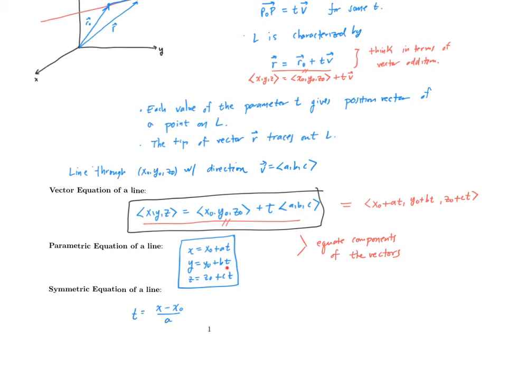And if I wanted to solve for t in the second equation, I'd have to subtract y naught and then divide by b. And both of those t's are exactly the same. Similarly, in the third equation, z minus z naught over c. And we think of this as being the symmetric equation of the line, where we cut off that t, that's not necessary.